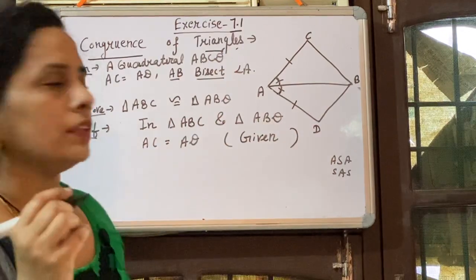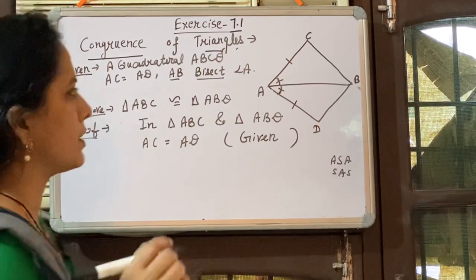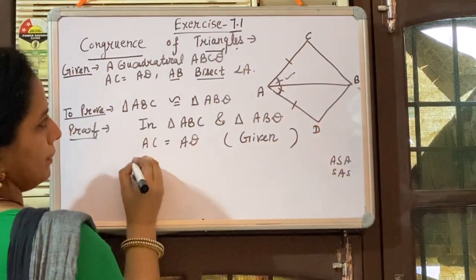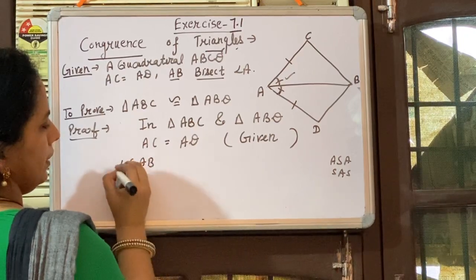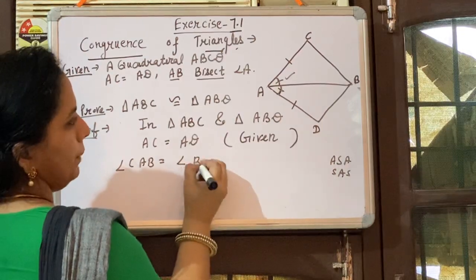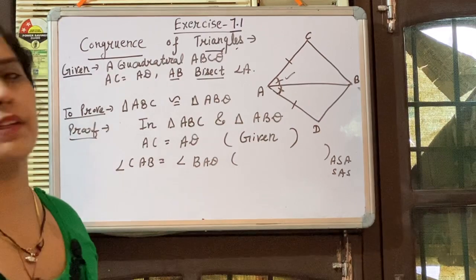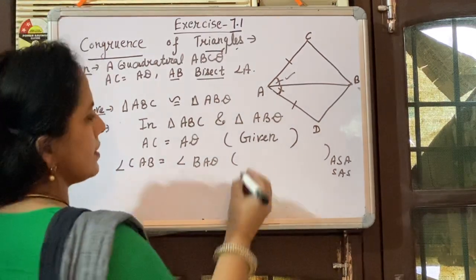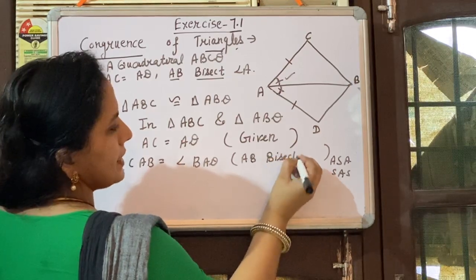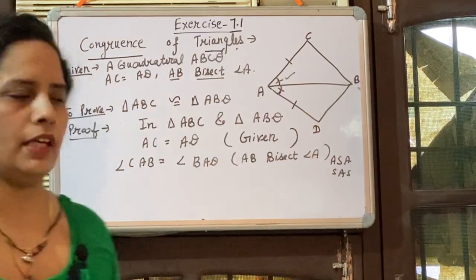Bisect means which cuts an angle into two equal parts. So we can say that upper side of this angle, that means CAB, is equal to lower side of this angle, that is BAD. Reason you have to write in the bracket because AB bisects angle A. That's why these two angles are equal.